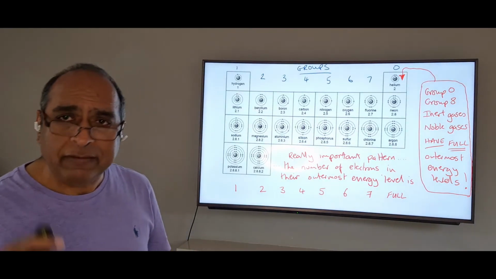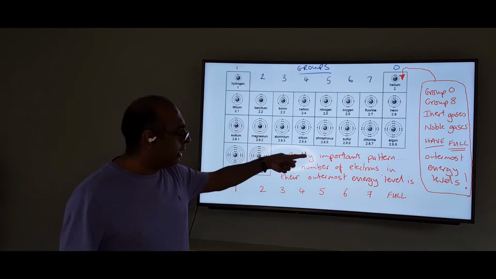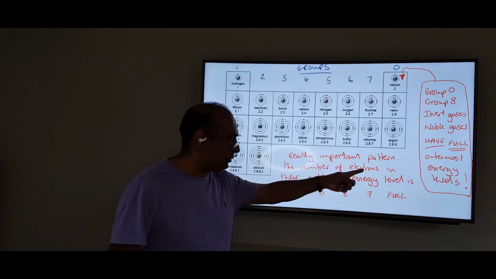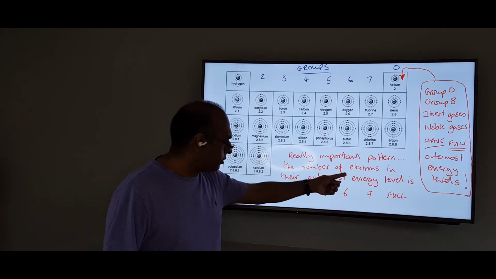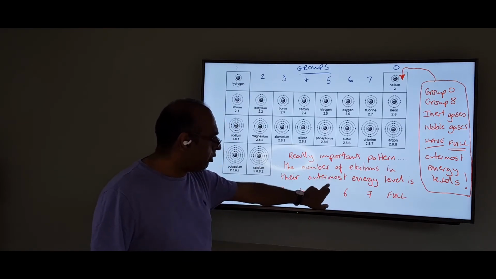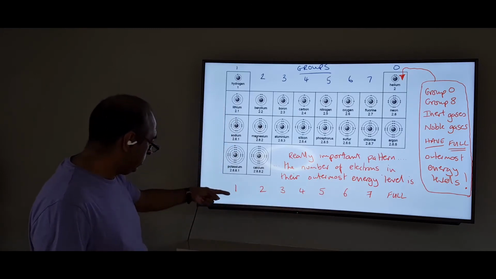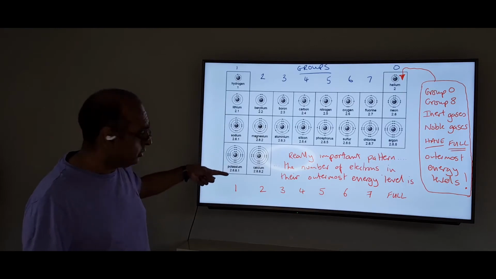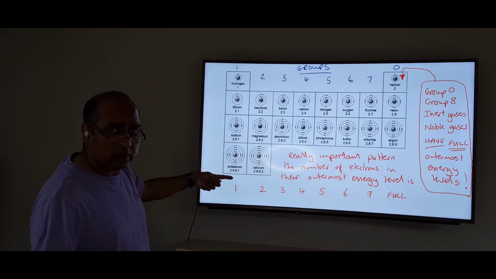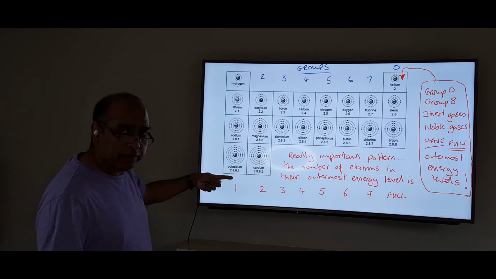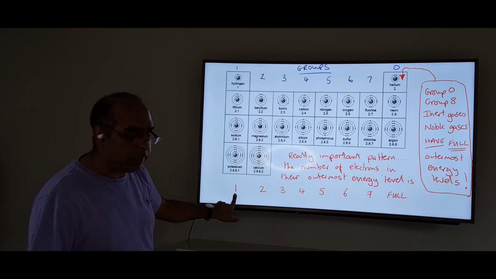Anyway, if you draw them all out, this is the pattern. Really important pattern. The really important pattern is that the number of electrons in the outermost level, all of those group 1 elements all have 1 electron in the outermost energy level.